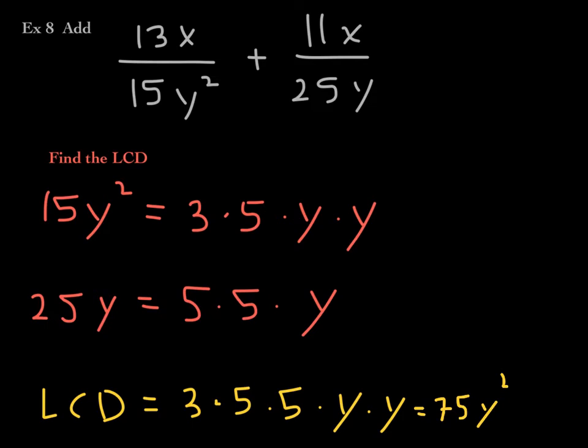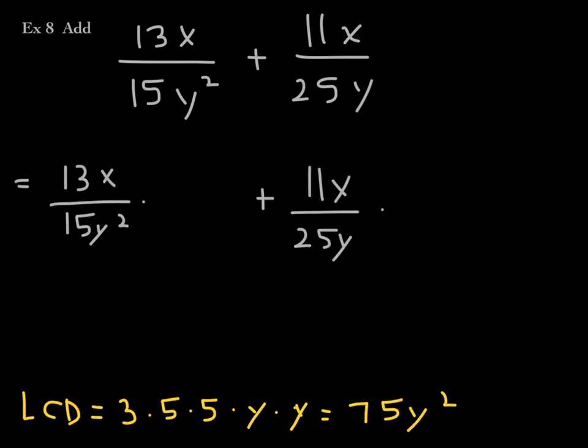This is the LCD. This is what you need each of your denominators to be. So then the question becomes, what do you multiply this denominator by in order for it to become the LCD?